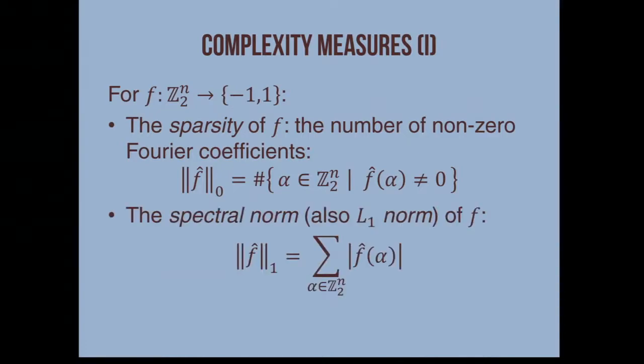And the spectral norm, or the L1 norm, is just the sum of the Fourier coefficients in absolute value, the sum over alpha of the absolute value of f hat of alpha. We'll be mostly concerned with the spectral norm in this talk, as the title suggests, but sparsity is also something to keep in mind.